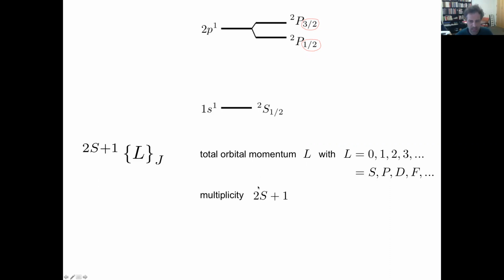The multiplicity is basically another word for 2S plus 1, where S is the total spin. Now, if I only have 1 electron, then that is simply 1/2. But if I have more than 1 electron, then this S value can have a different value, as we will see next time when we talk about helium, because helium has 2 electrons.